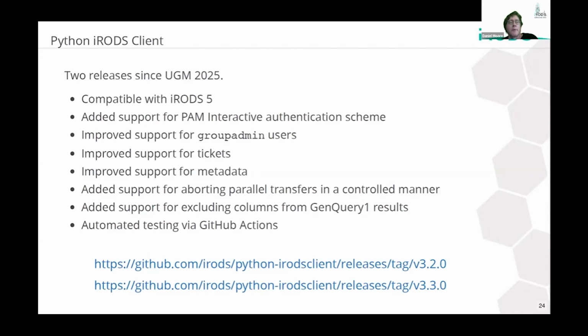We can authenticate through the PAM interactive scheme, and also authenticated group admins can do their expected operations seamlessly through the client endpoints. There's also increased utility for tickets and better utility also for metadata. We'll see both of these in code examples after this slide.